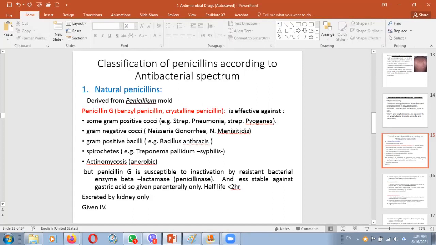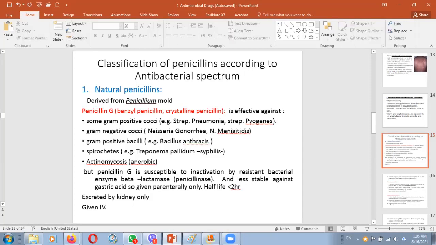They are effective against some gram-positive bacteria like streptococcal pneumoniae, streptococcal pyogenes, some gram-negative cocci, Neisseria gonorrhea اللي هي يعني نتيجة illegal sex contact, or Neisseria meningitis.